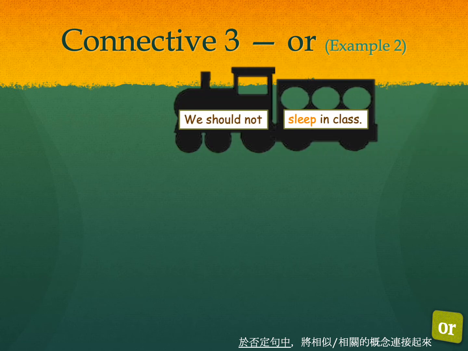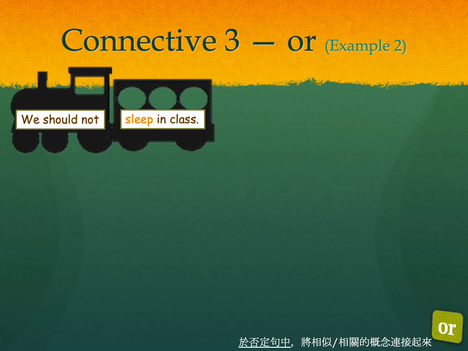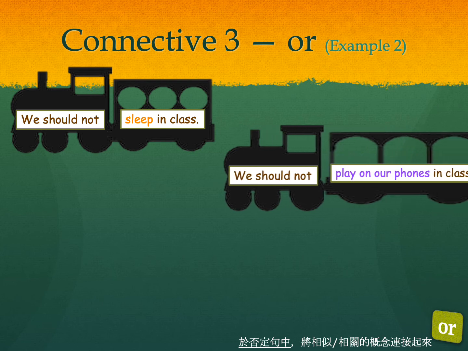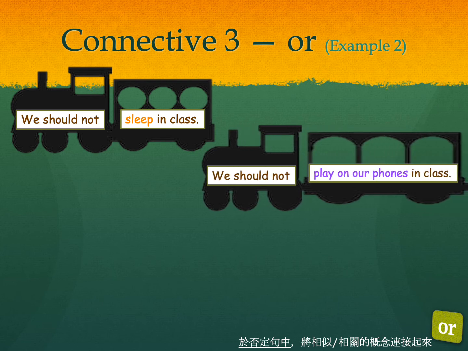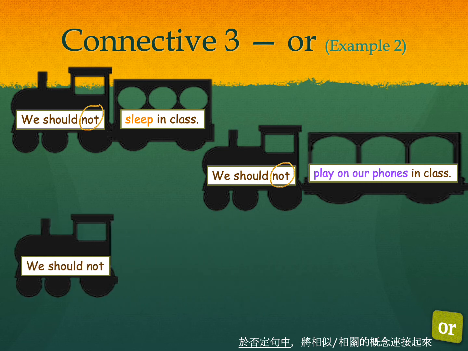Let's look at some examples. We should not sleep in class. We should not play on our phones in class. You can see not here and there. So these are negative statements. We can join them together using the connective or. We should not sleep.